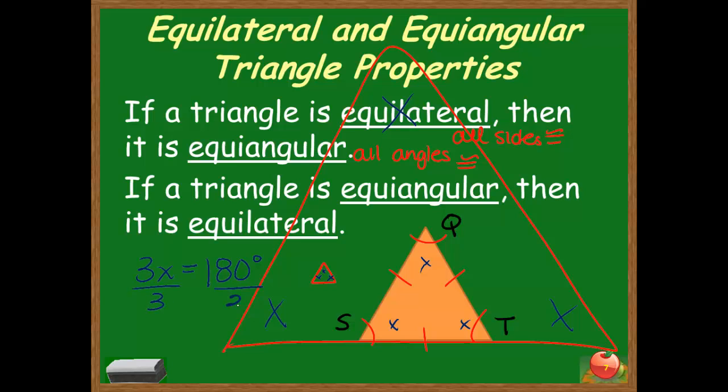And I would divide by 3. Therefore, each angle in an equilateral triangle is 60 degrees, whether it's a big equilateral triangle or a small equilateral triangle. Make sure you know that.